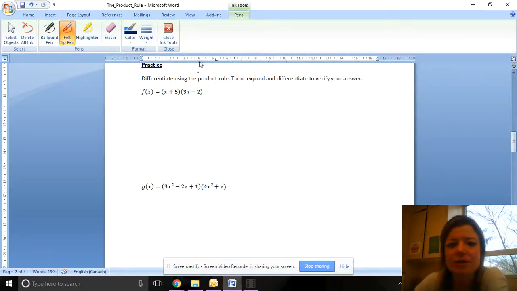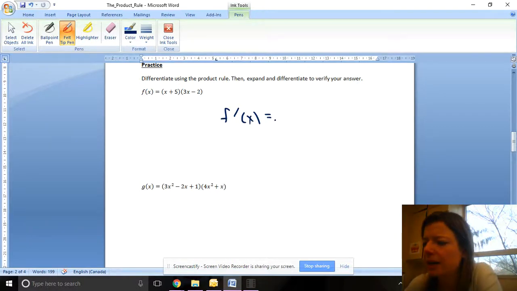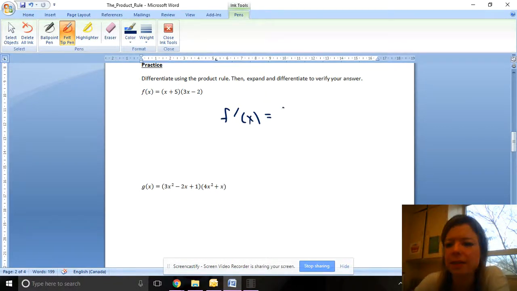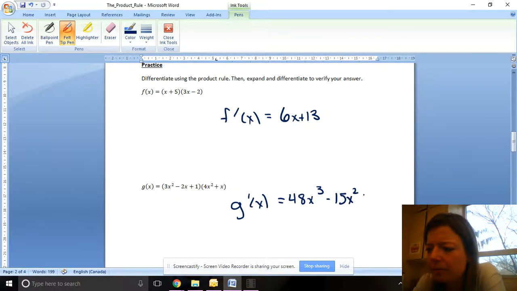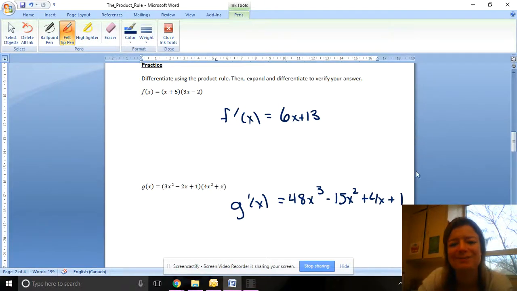Okay, so you should have gotten for this as the final answer 6x plus 13. And you should have gotten for this as the final answer 48x cubed minus 15x squared plus 4x plus 1. So hopefully you got those right.